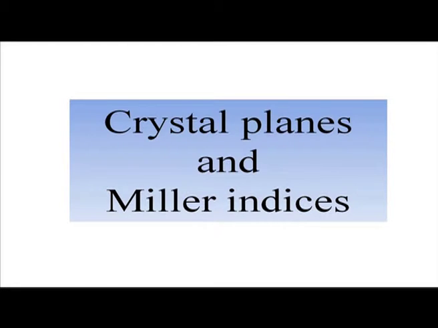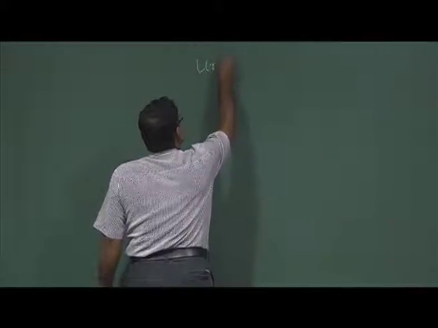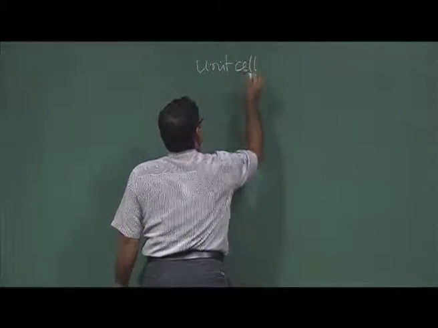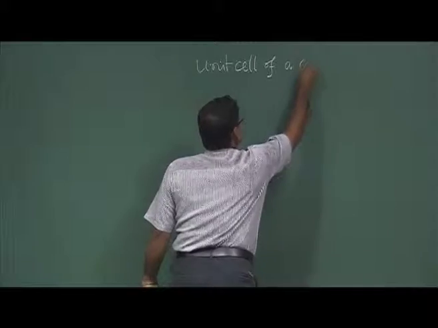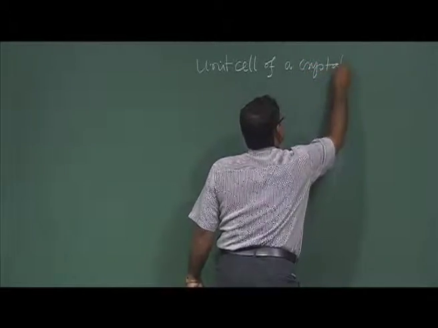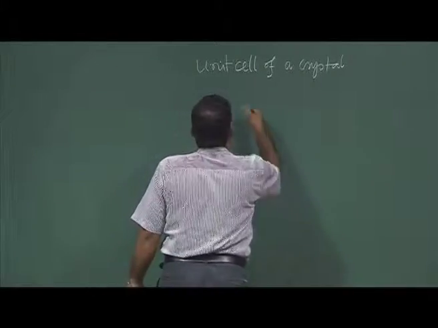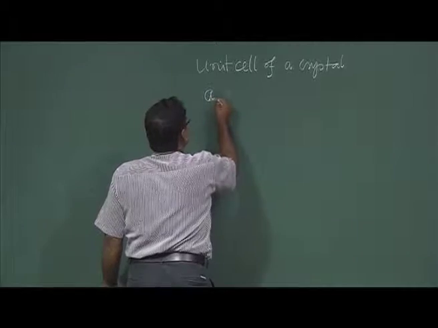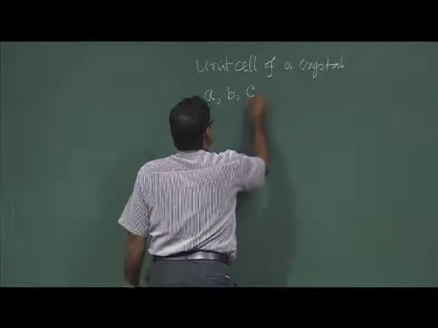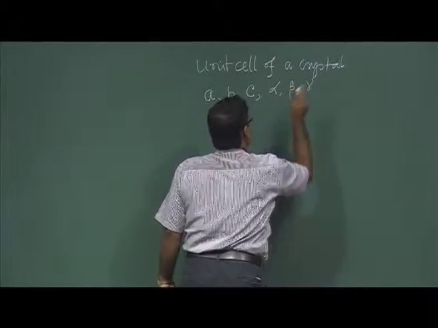So, this we have seen the unit cell of the crystal, and the lattice parameters we have used: a, b, c, alpha, beta, gamma.